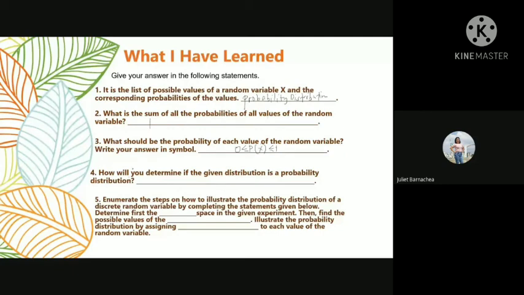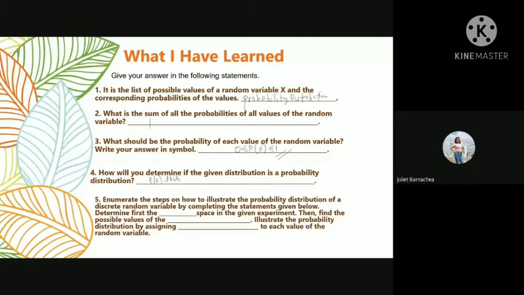How will you determine if the given distribution is a probability distribution? Paano nyo malalaman? There are 2 conditions. Yung una, the probability of x should be between 0 and 1.